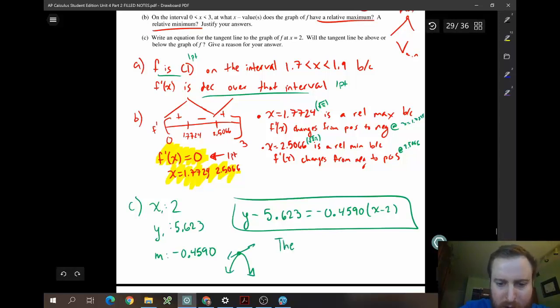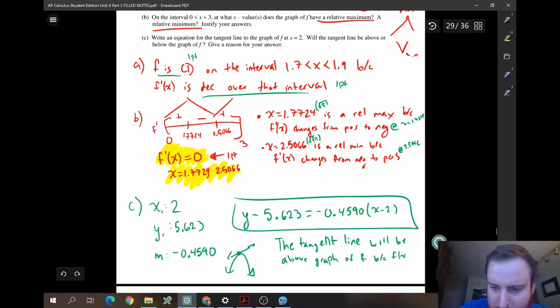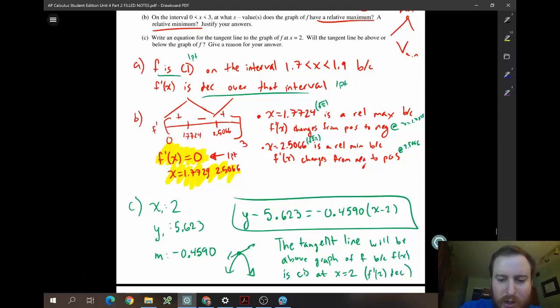So the tangent line will be above the graph of f because f of x is concave down at x equals 2. If you want to say because f prime of 2 is decreasing, that's how we knew it. So we always need to do the at x equals 2 because that's where we did our tangent line.